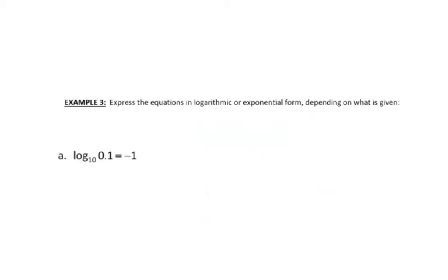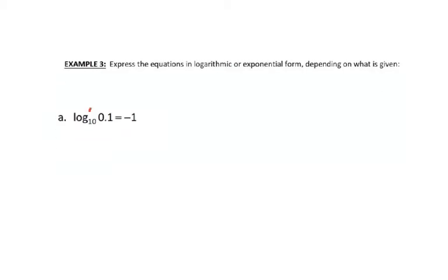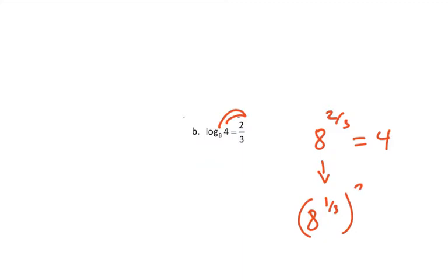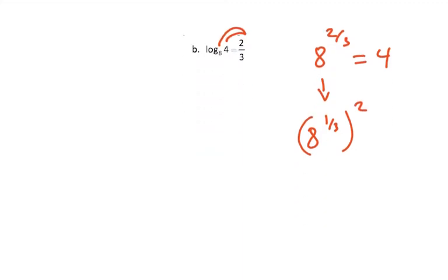Okay. All right. Express the logarithm in exponential format. So again, if we plug in, we get 10 to the negative 1 equals 0.1, which is true. If we plug in, we get 8 to the 2/3 is equal to 4, which is true. The cube root of 8, remember, this is the same thing as saying 8 to the 1/3 squared. And so 8 to the 1/3 is 2, 2 squared is 4.